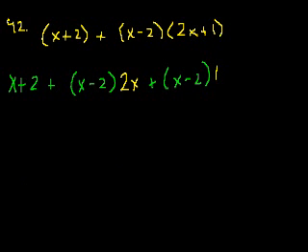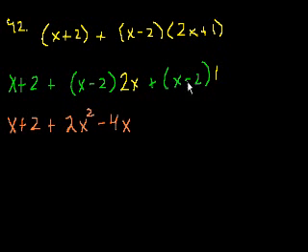All right, and now we can just simplify that by doing the distributive property again. So this is x plus 2 plus, let's distribute the 2x times each of these. 2x times x is 2x squared. 2x times minus 2 is minus 4x. Plus, well, we're distributing a 1. 1 times anything is just itself. So plus x minus 2.